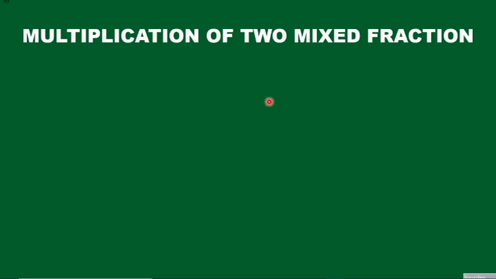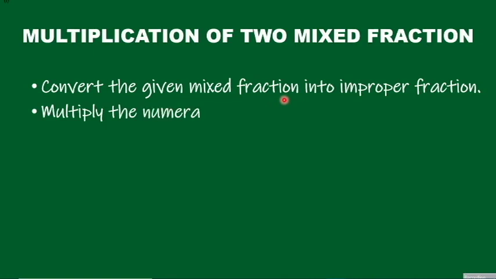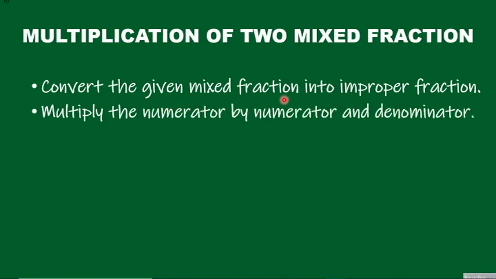Not with the general method, but with another method which I call the tricky method, because it is very easy for you. So here, multiplication of two mixed fractions, how will we do this? The procedure is the same. First convert the given mixed fractions into improper fractions, then multiply numerator with numerator and denominator with denominator as usual.